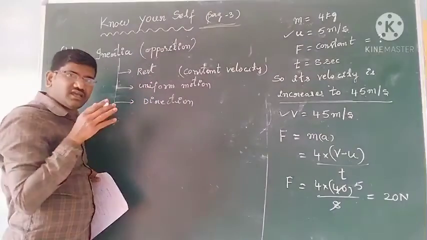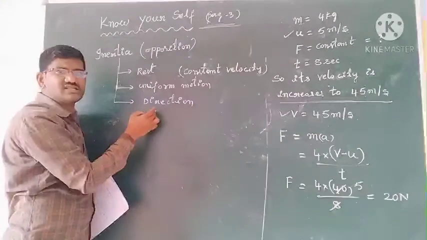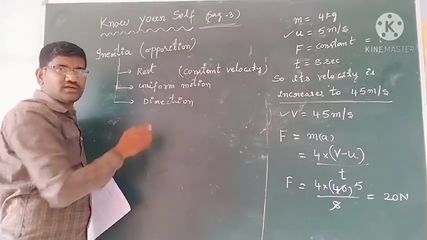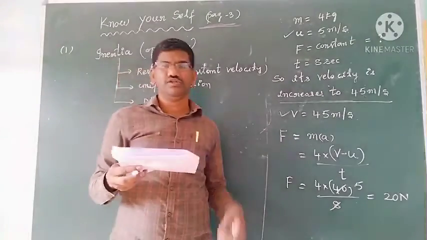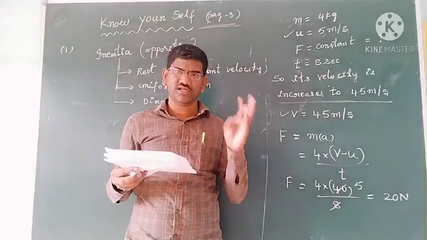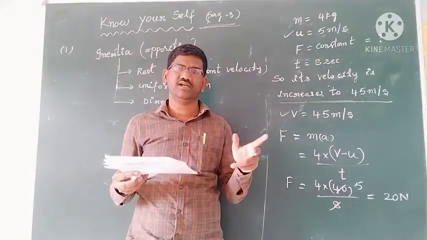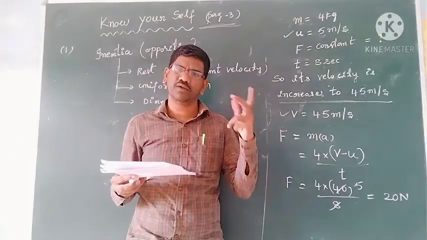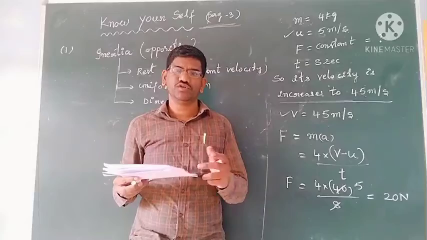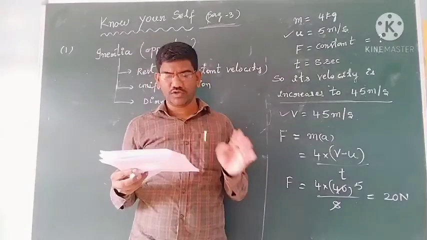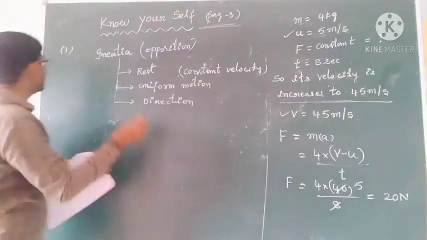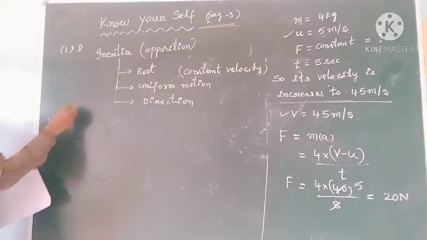Similarly, if it is maintaining a direction, it can't change its direction on its own. So inertia is the property of a body by virtue of which the body is unable to change by itself the state of rest, the state of motion, or the state of direction. So all the options will come. Okay, that is the first question. Answer is Delhi. So option D.